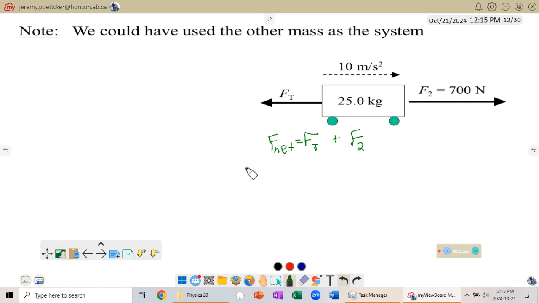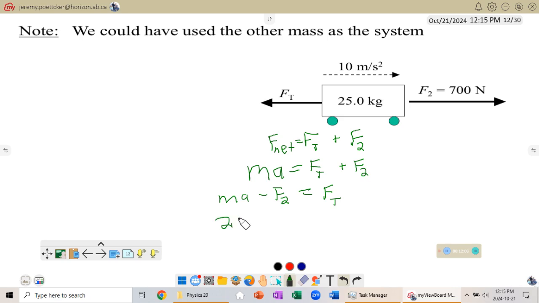F net is also equal to mass times acceleration, and here of course the mass is 25 and the acceleration is still 10, equal to Ft plus F2. I'm going to subtract F2 from both sides to get it over here. So I have m a minus F2 equals Ft.